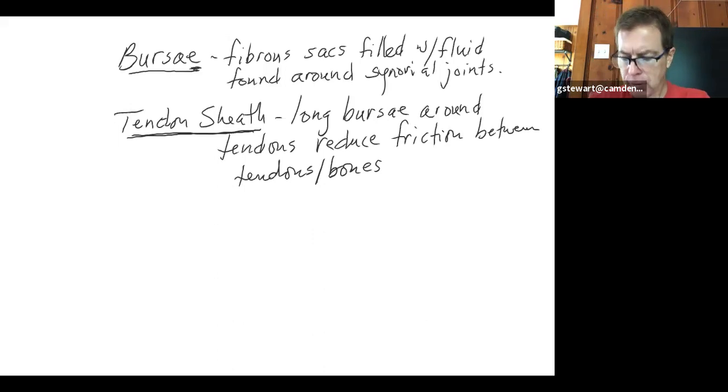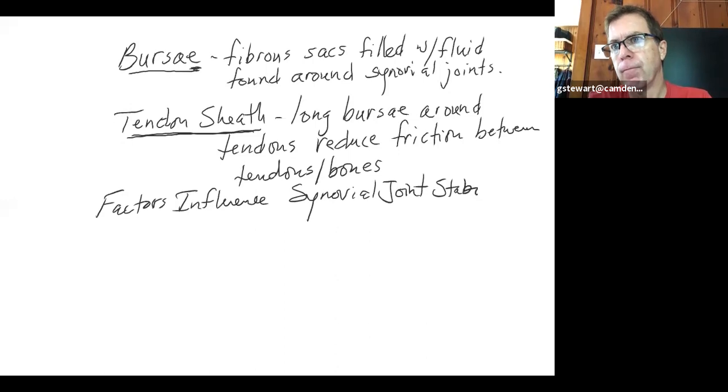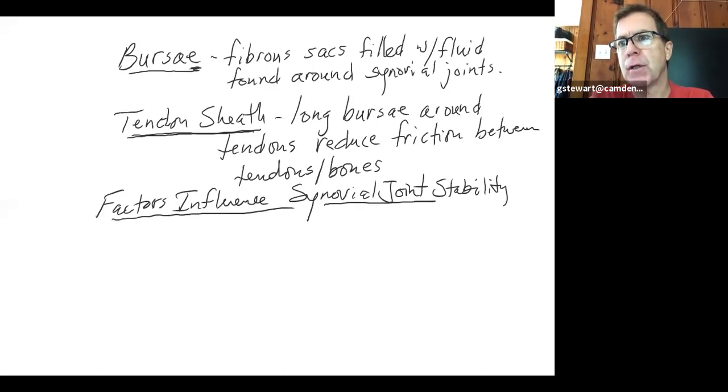Before I draw a synovial joint, I'm just going to finally list factors that influence synovial joint stability. So these are like extra things that help stabilize synovial joints, because they are the weakest joints.